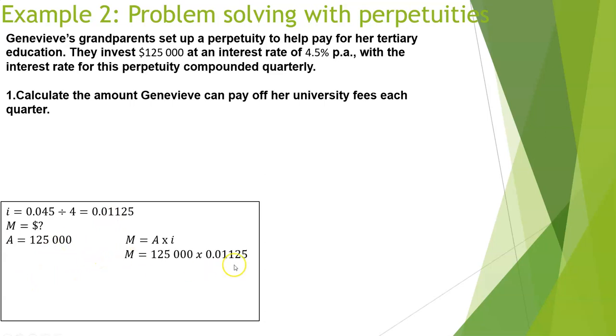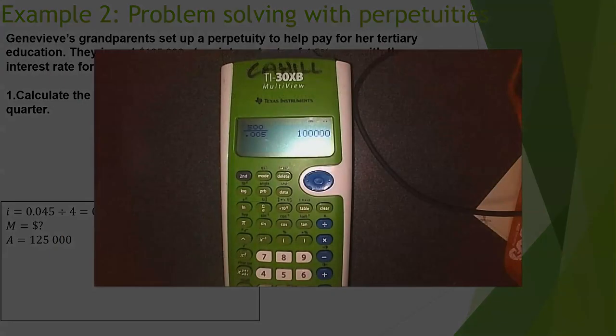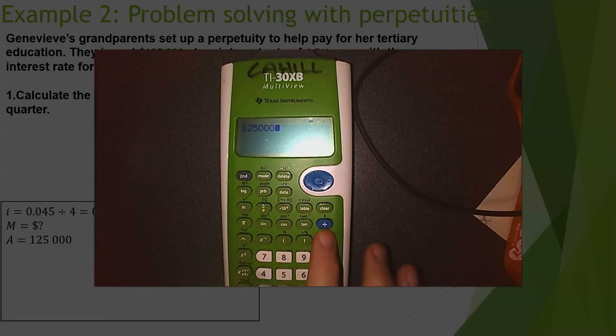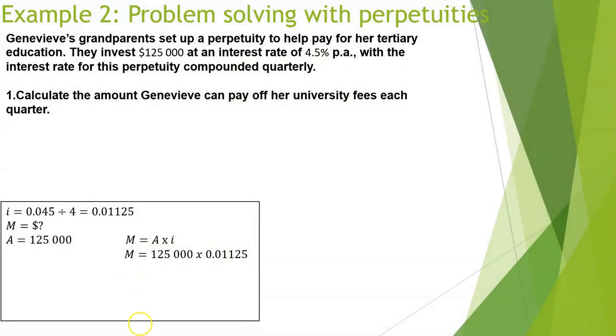So 125,000 times, let's get out my trusty calculator, $125,000 times 0.01125 equals $1,406.25. So if we're looking for M, we need to multiply A by I.